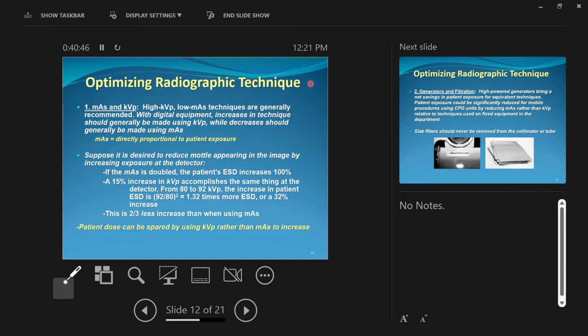This whole module is radiation safety, but we also have to be good radiographers and make X-ray images. A high kVp and low mass technique is generally recommended, as opposed to the opposite, which is low kVp and high mass technique.